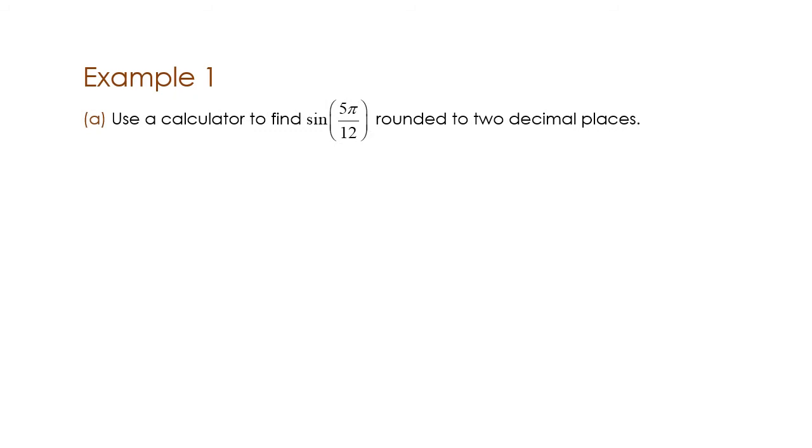So for example, if we had to use a calculator with 5 pi over 12, you could go to Desmos and click on the scientific calculator, or use your regular calculator. Make sure the mode is in radians, because this is in terms of radians. If you found the sine of 5 pi over 12, you would find that it equals 0.97.